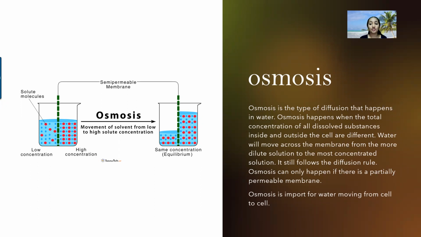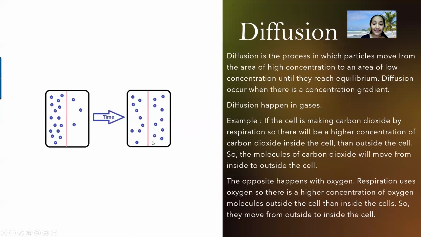They will switch, and then they will reach a state of equilibrium. And this green line is the partially permeable membrane. And over here, it also says the same thing. They will move from one side to another side and slowly reach equilibrium, which is like this, in water.